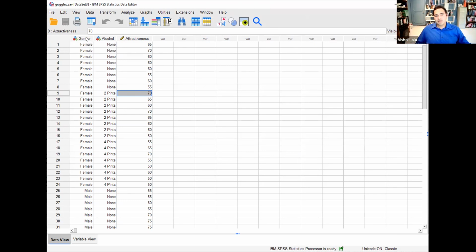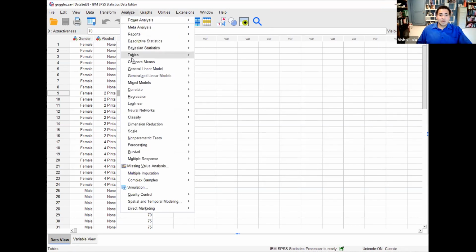In other words, the argument here is that we're studying the beer goggles effect, but does this vary based on the gender of the subject? In other words, if one group is somehow affected by the beer, is another group equally affected? If they are, there's no interaction. If they're not, there's an interaction effect. Let's take a look at our results.